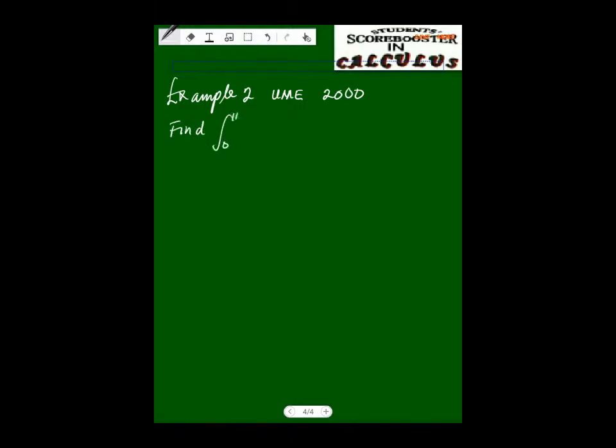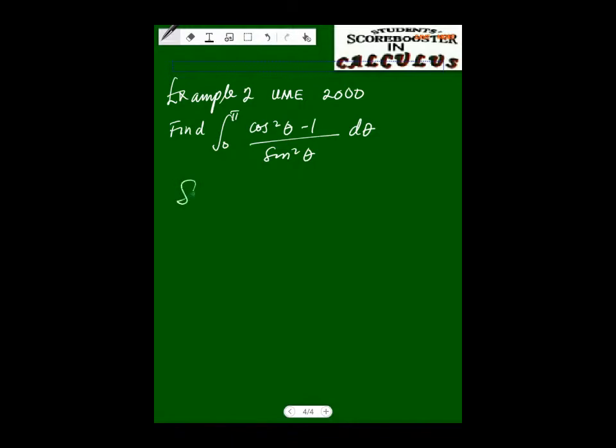the integral 0 to pi of cos squared theta minus 1 over sin squared theta d theta. I know in Nigeria we call it theta. Please permit me to call it theta. Okay.